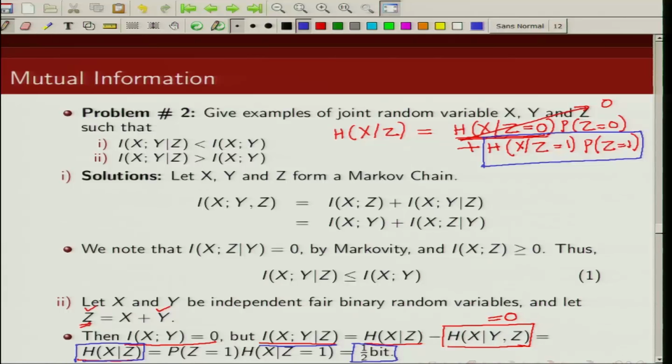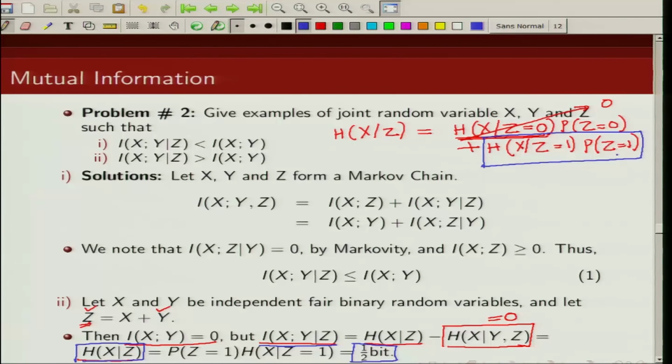So then the mutual information between x and y given z, we have shown, is equal to the uncertainty in x given z equal to 1 times the probability of z equal to 1, and this we have shown is equal to 0.5 bits.